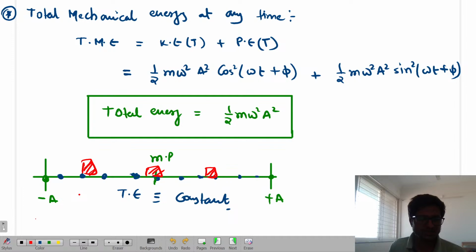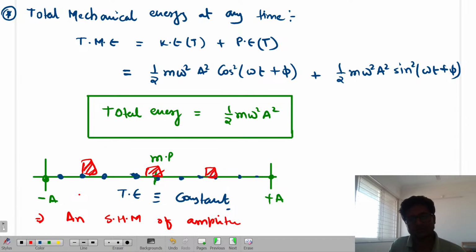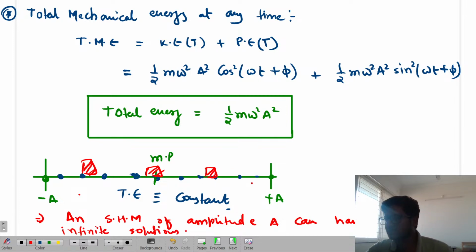So this gives us a conclusion that an SHM of amplitude A can have infinite solutions. Look over there, for this amplitude A, I can have infinite motions of the blocks, or not?